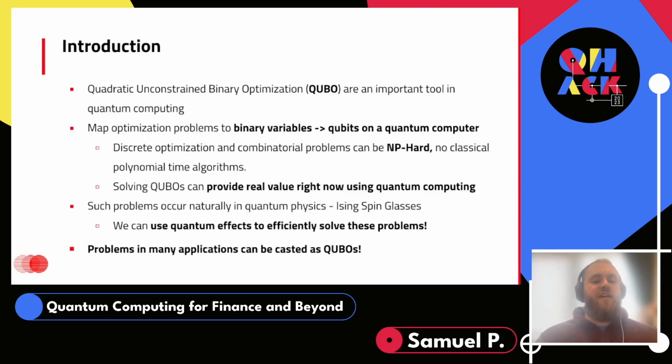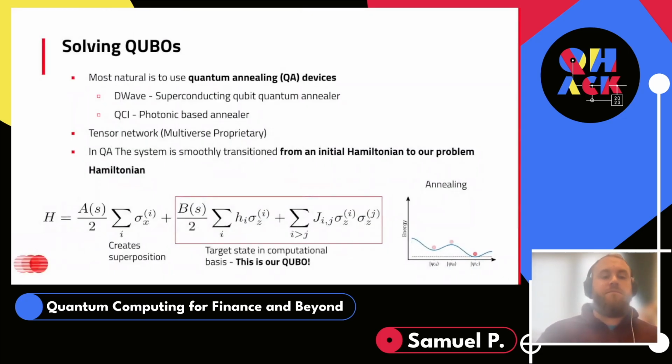A really nice thing is that we can use quantum effects to solve these problems. As I mentioned, QUBOs are a general form, so it's down to your imagination how you can construct your problem into a QUBO, and then you can use a quantum computer to solve it. So this can be applied to many applications. It's really a versatile tool.